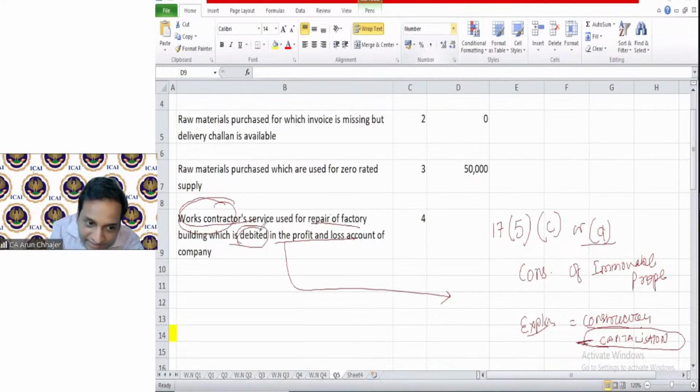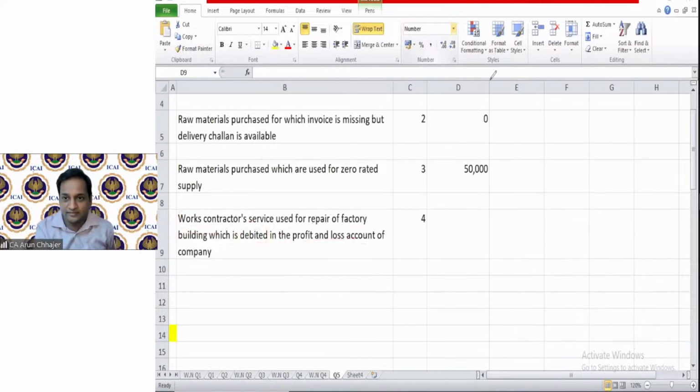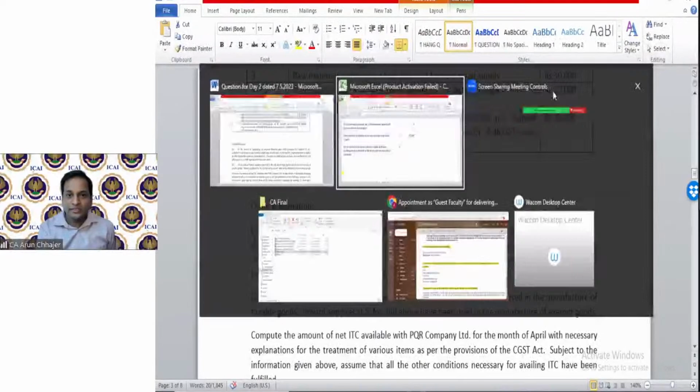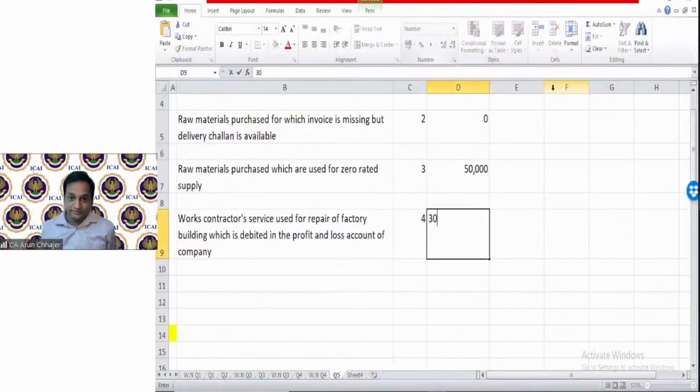Now you can say in this particular case, because the expenditure is debited to the profit and loss account, it is not construction, and therefore ITC is not blocked. Very nice, Janvi. Very nice. So 30,000, I can take the ITC.